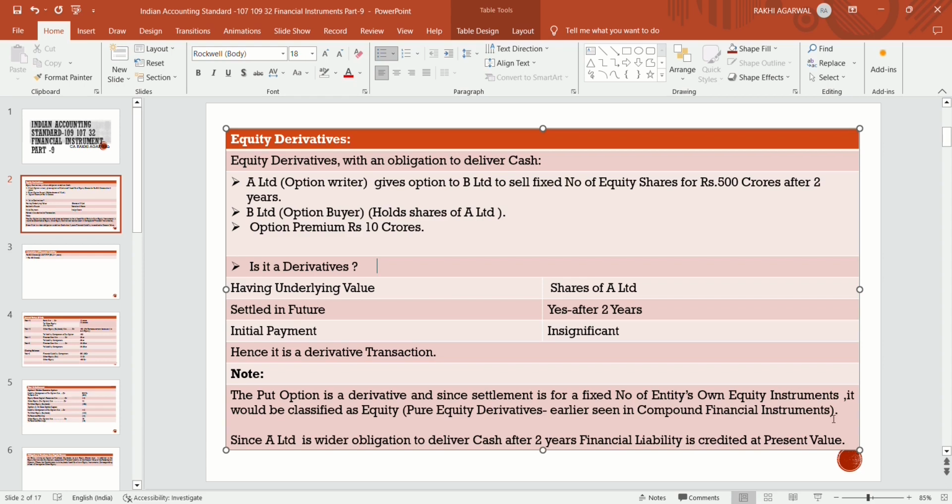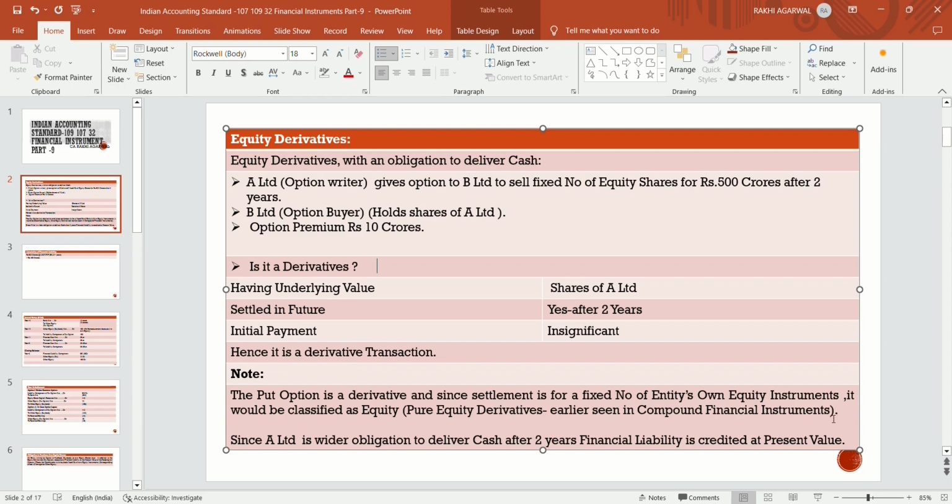Suppose there is a note in order to explain that this is a put option. As we know, a put option is also a derivative transaction. Since settlement is happening for a fixed number of own equity instruments of A Limited, it would be classified as equity, a pure equity derivative. We had also discussed this concept of equity transactions along with financial instruments, that is, the compound financial instrument where there is an equity component and a liability component.